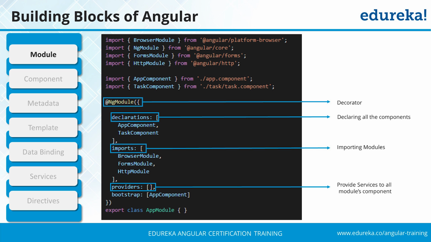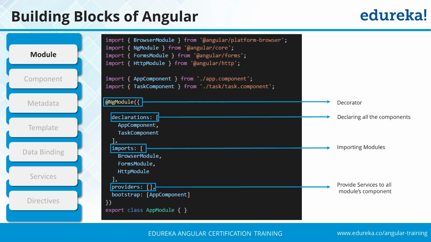In the declarations, you will declare components, directives, and pipes. In the imports section, you will declare all the modules that you need as dependencies. Some modules are browser module, common module, forms module, HTTP module, etc. There is also providers, where you will provide any kind of service that is required as a dependency to be injected into your classes.